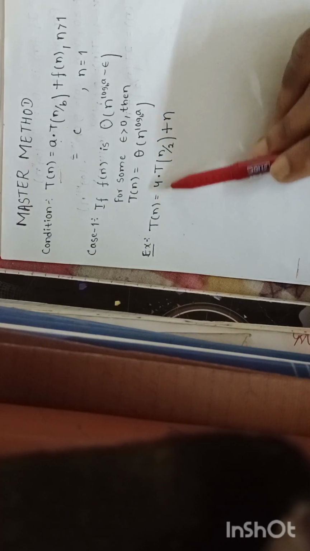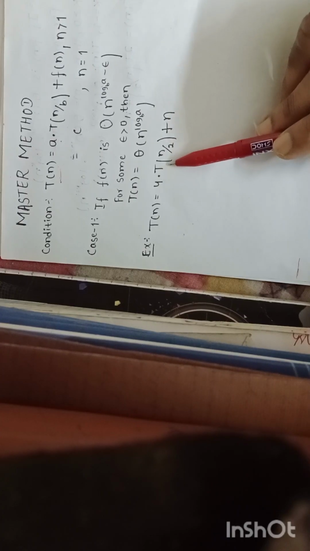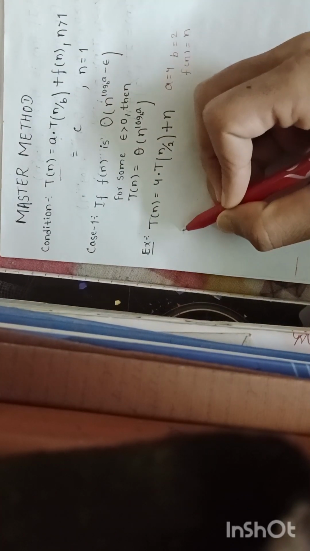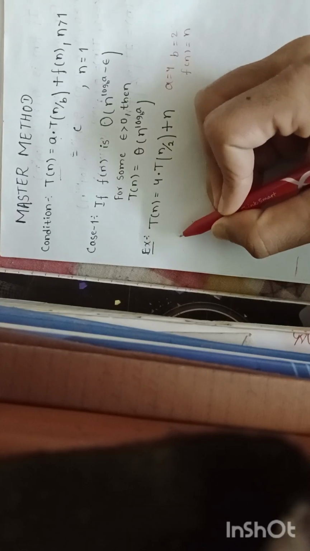Here we have the function T of n is equal to 4T of n by 2 plus n. We can check it is in the form where a is equal to 4, b is equal to 2, and f of n is equal to n. So let us put in the formula and check whether it satisfies the first condition or not.